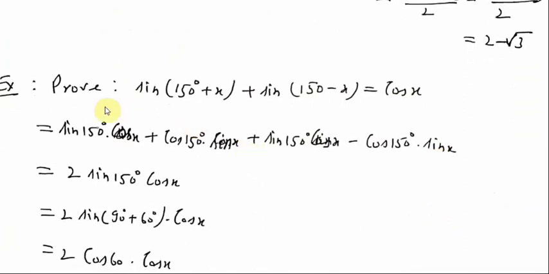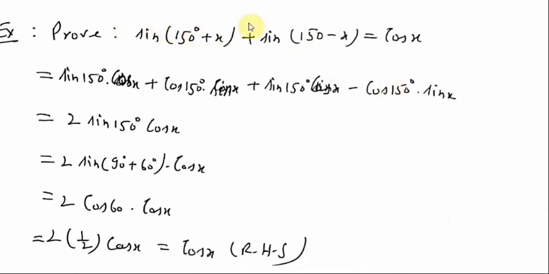The next example is: prove that sine (150 degree plus x) plus sine (150 degree minus x) equals cos x. So the sine (alpha plus beta) identity we will apply here, and the sine (alpha minus beta) identity we will apply here.